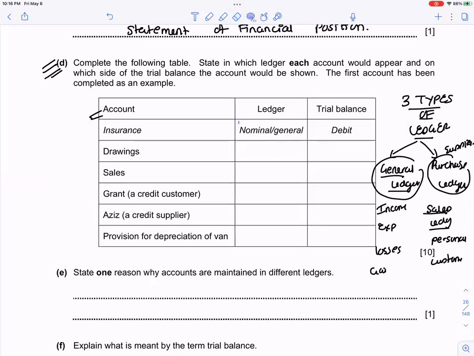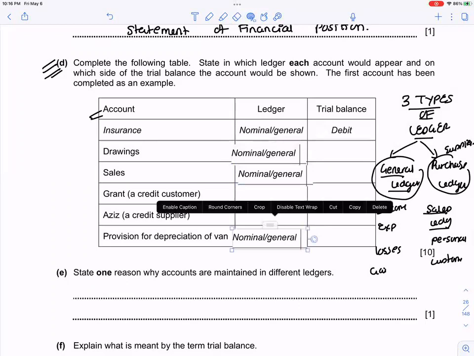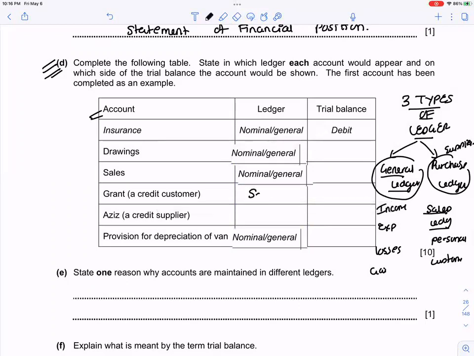Drawings is everything extra, so it would be nominal ledger. Sales would be nominal ledger. Provision for delivery, nominal ledger. Customer account, which ledger? Sales ledger. Supplier account, which ledger? Purchase ledger.